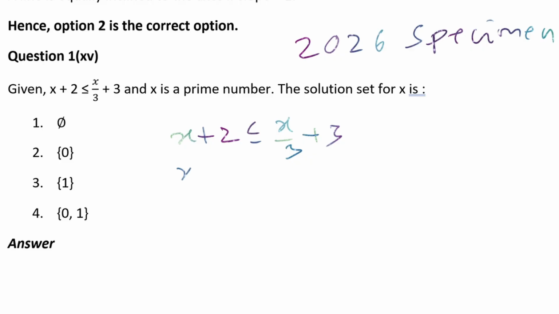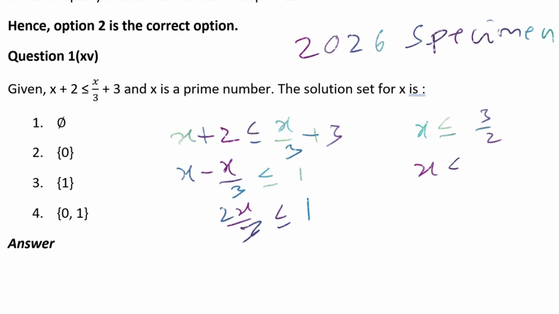So x minus x by 3 less than or equal to 3 minus 2, which is 1. 3x minus x is 2x, so 2x by 3 less than or equal to 1. So x less than or equal to 3 by 2. That is x less than or equal to 1 whole 1 by 2.